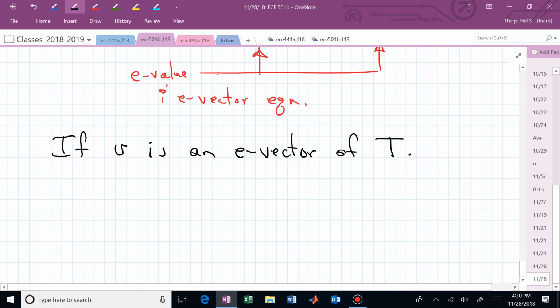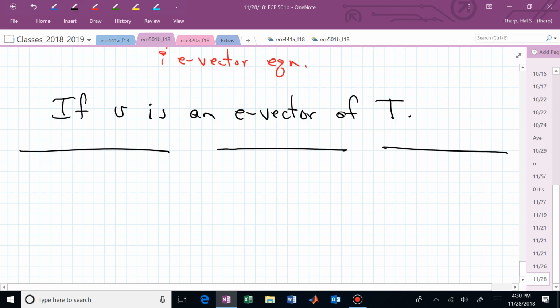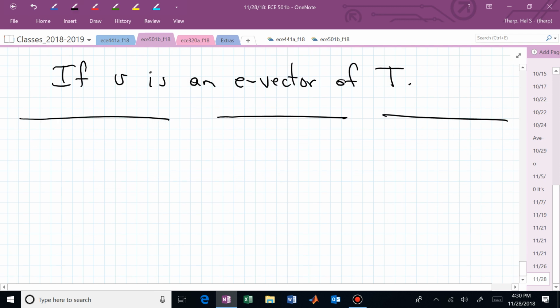Let's now see if that helps us in any way make connections with this characteristic polynomial that we've been talking about.